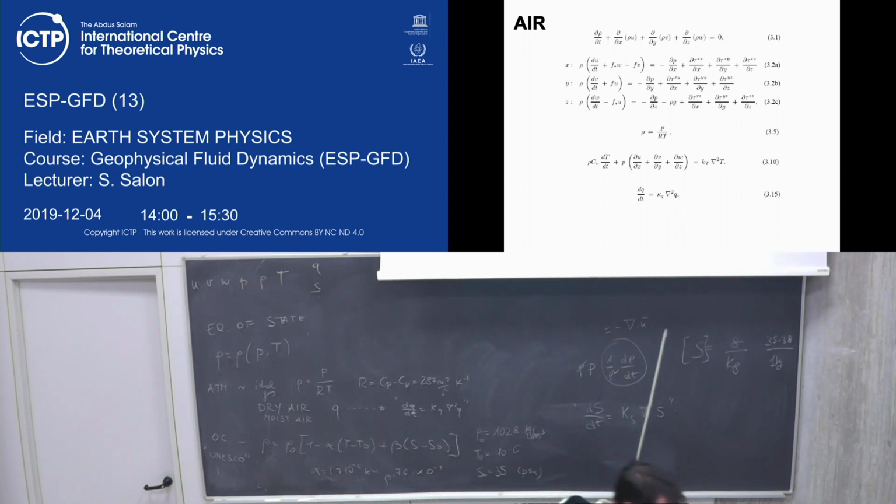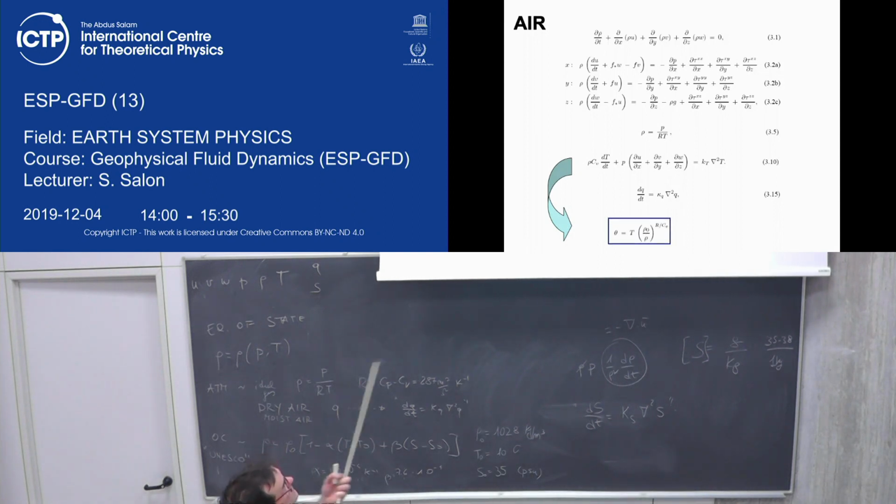What happens usually is that people working for the atmosphere use not the temperature but the potential temperature, which is a little bit weird to be found, but is actually a function of temperature and depends on density and on the universal constant of gas.